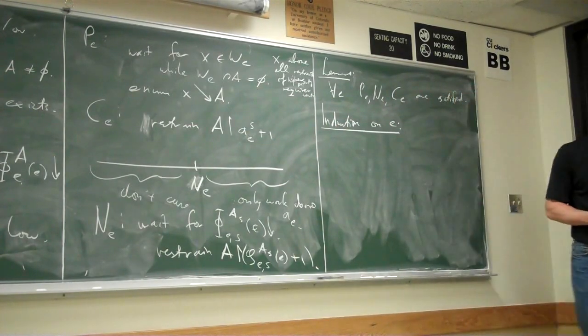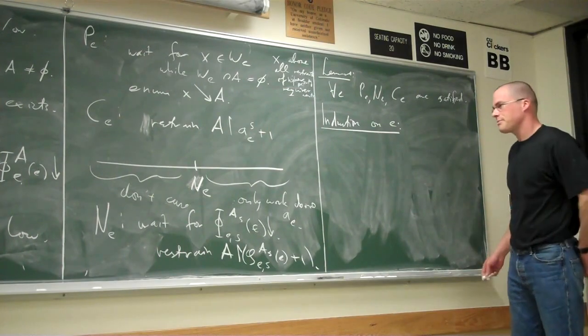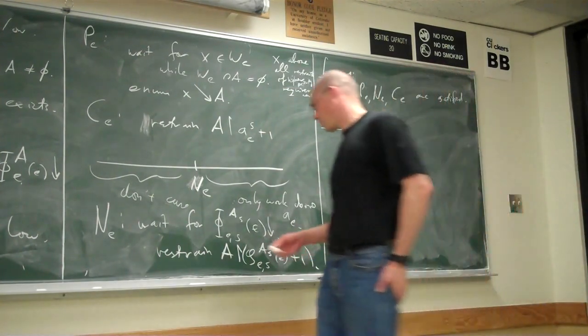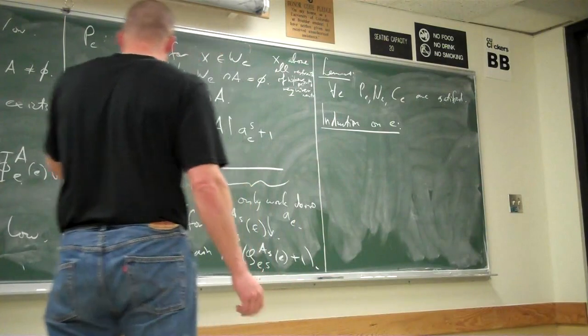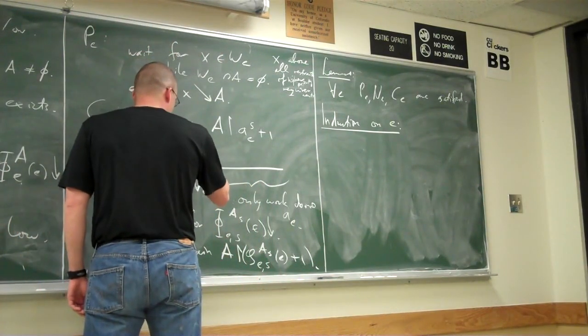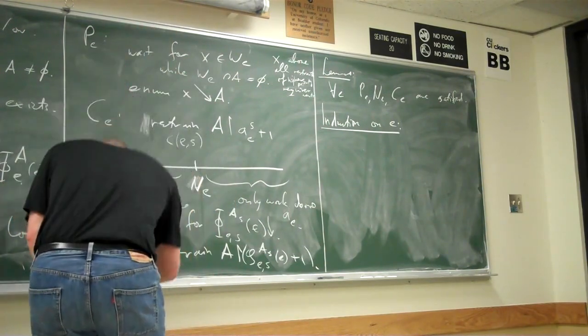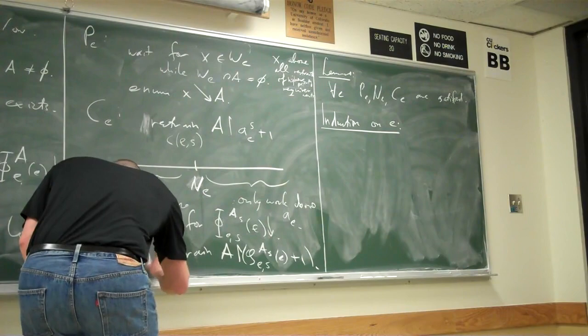Now I'm mostly going to hand wave because the details are really not that interesting. Oh, I'm being a little fuzzy. All of these are satisfied. I should have introduced some notation. Let's call this restraint CES, and this restraint here imposed NES.